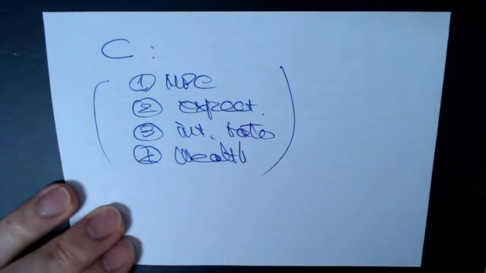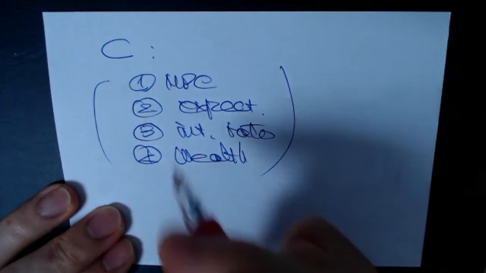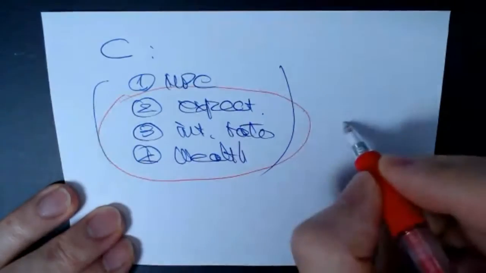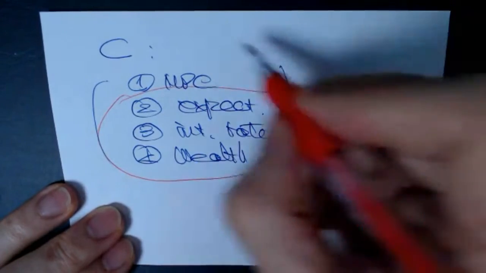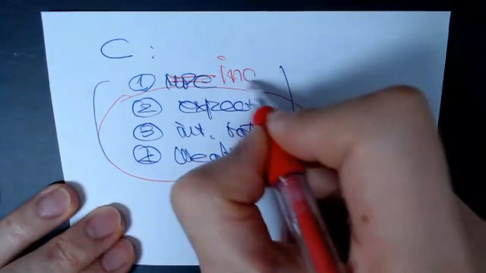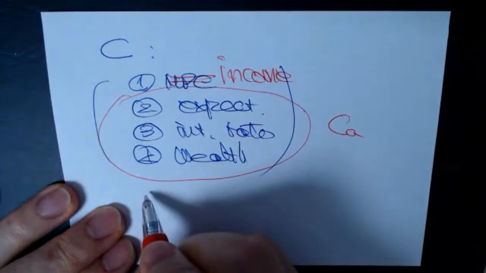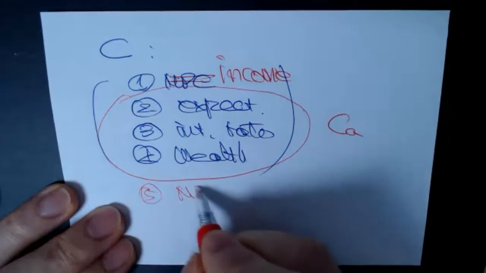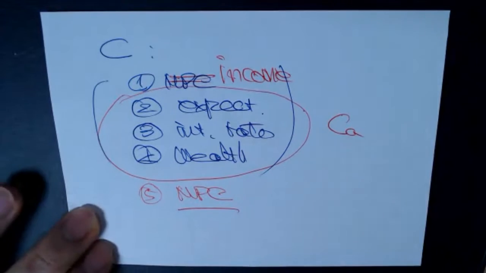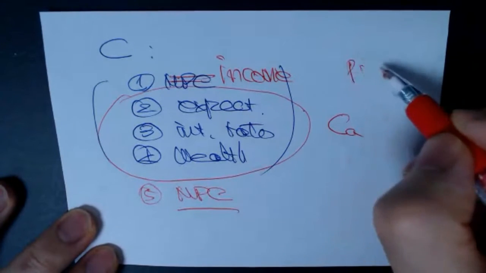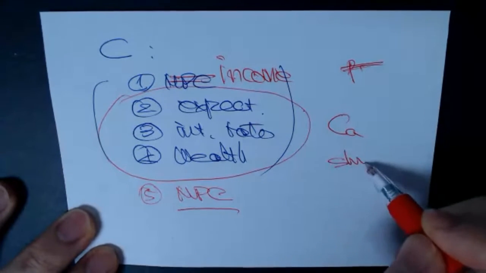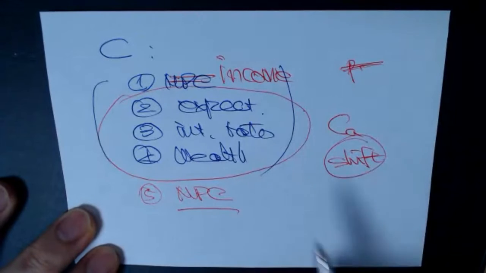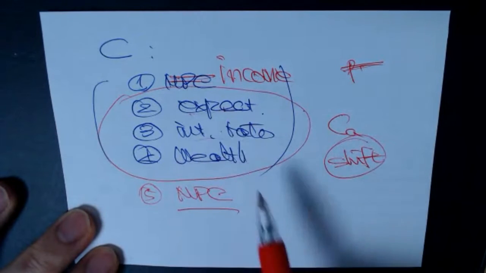Right. So we said that these, 2, 3, 4, belong to CA. And actually one was income. And we have MPC like this. So pivot and shift would happen whenever these things change.